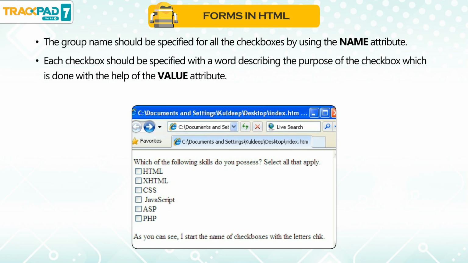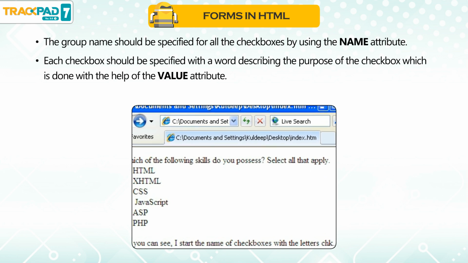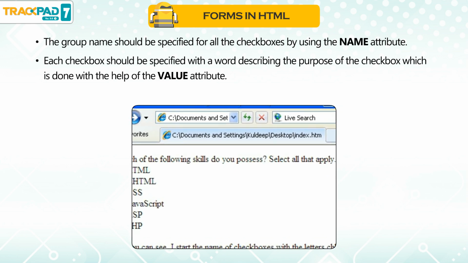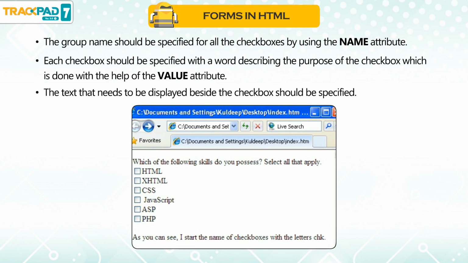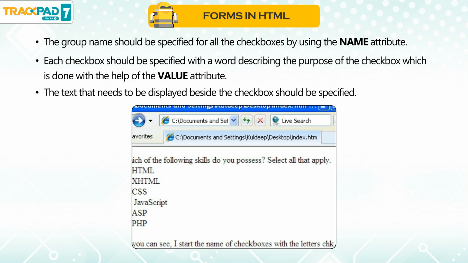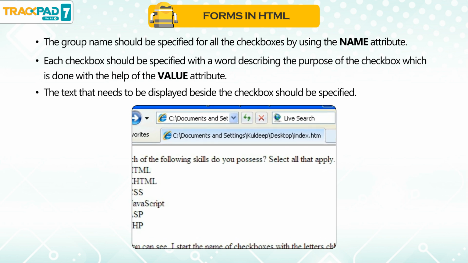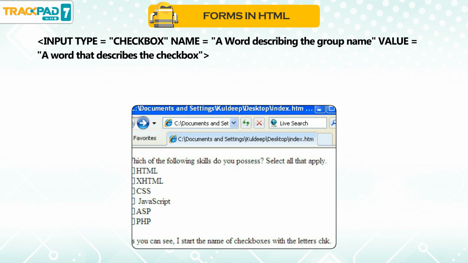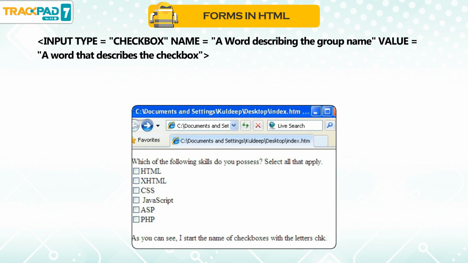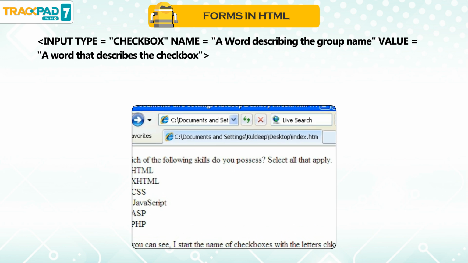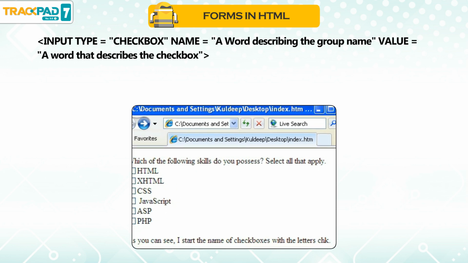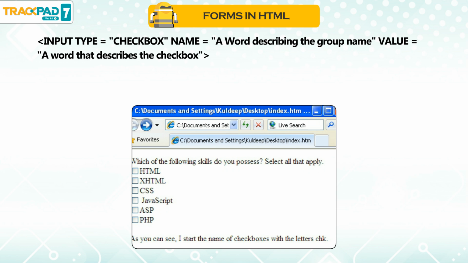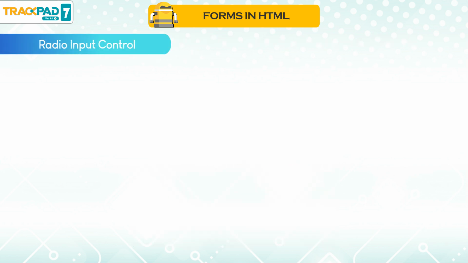Each checkbox should be specified with a word describing the purpose of the checkbox, which is done with the help of the value attribute. The text that needs to be displayed beside the checkbox should be specified. Input type equals double quotes checkbox. Name equals double quotes, a word describing the group name. Value equals double quotes, a word that describes the checkbox.